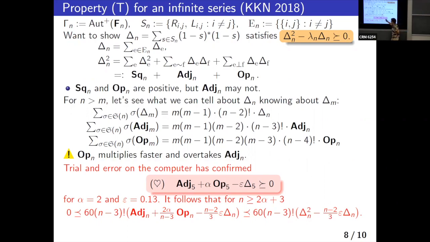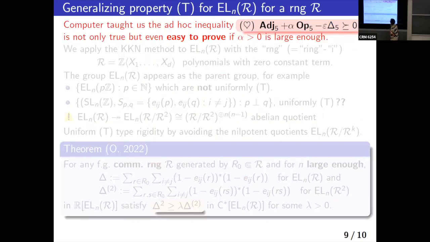So the SDP usually takes several weeks or a few months. But if you put a huge alpha here, the computer immediately said yes. So this computer taught us very important mathematics: that this strange inequality is not only true, but easy to prove if alpha is large.